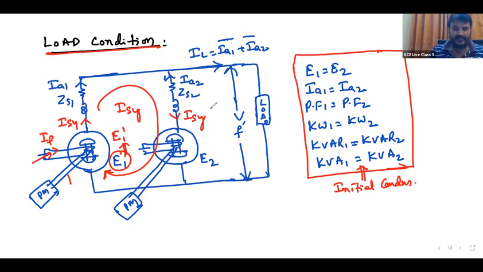Now, is this ISY active current or reactive current? Can you tell me, is it IA sin phi or IA cos phi? IA sin phi. It is reactive current. Already we have established the conclusions. When excitation changes, the synchronizing current will be reactive current.